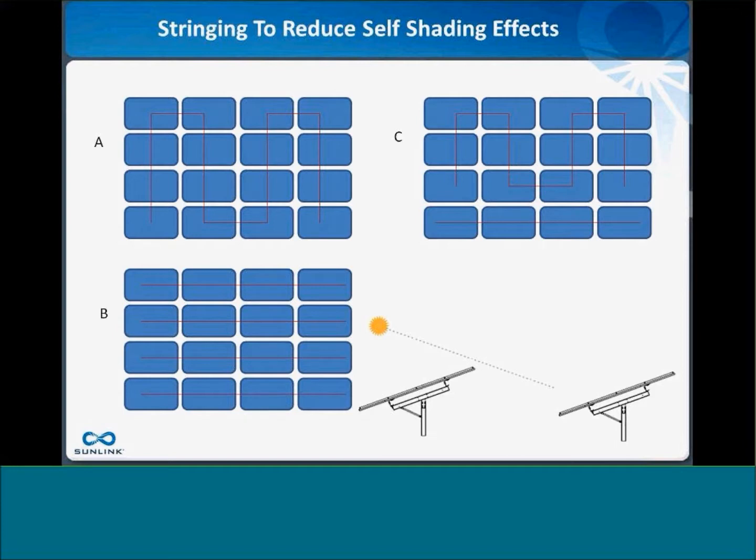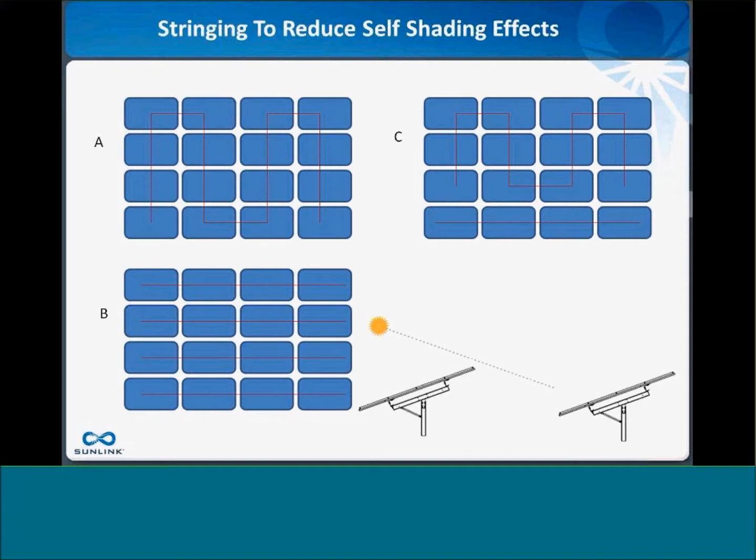In example A, we have the up-down stringing. The string is 16 modules, and the red line represents the stringing path. That's a fine path, except to where if you have the southernmost row of modules shaded, you're basically blocking out the rest of the modules and you're not getting any energy production because of the way it's strung.